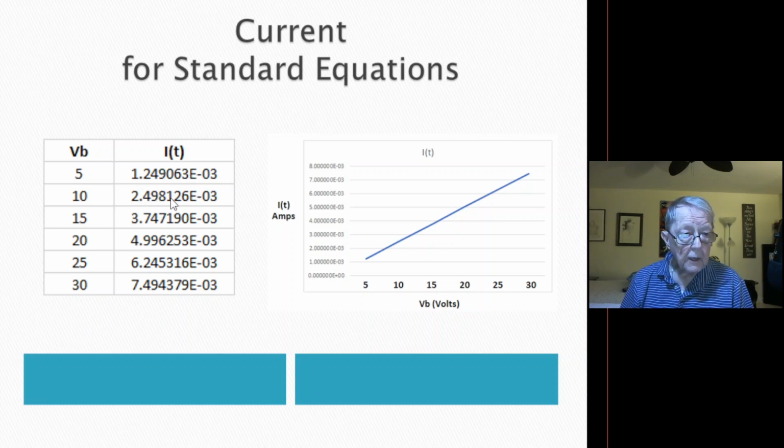And this is double, this is triple, quadruple, and so on. I plotted it using the spreadsheet, and it's a straight line. The current all the way around the circuit, whether it's IT or I of S1 or I of R1, it's all the same. And that's what they expect to get when you measure. They're all equal.